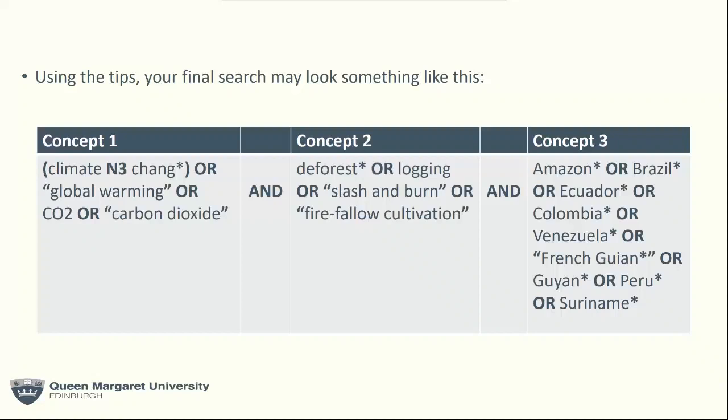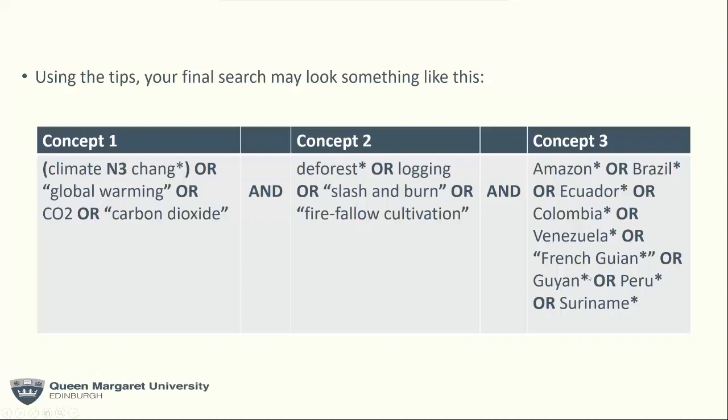We will be searching for each concept with all its synonyms using the Boolean OR to retrieve articles that contain any of these words, after which we will be doing the same with the second concept and the third one.